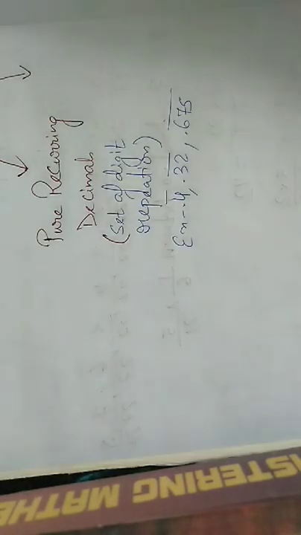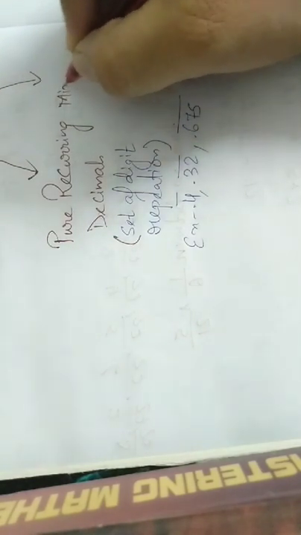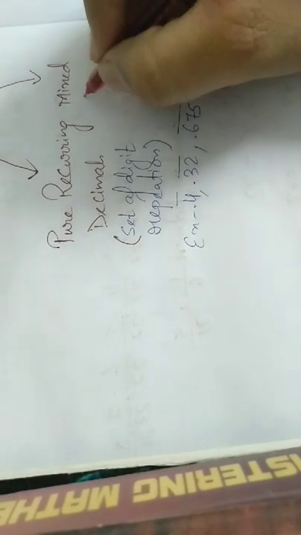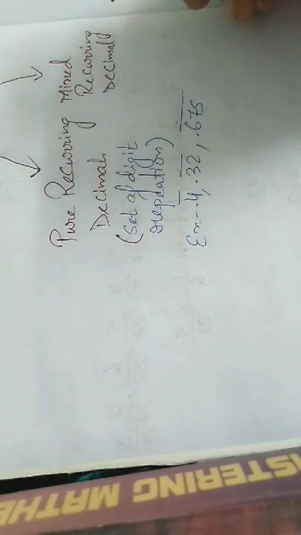And the next type of non-terminating decimal is the mixed recurring decimal. So it's as simple as that. This one is the pure recurring decimal, and this is the mixed recurring decimal.